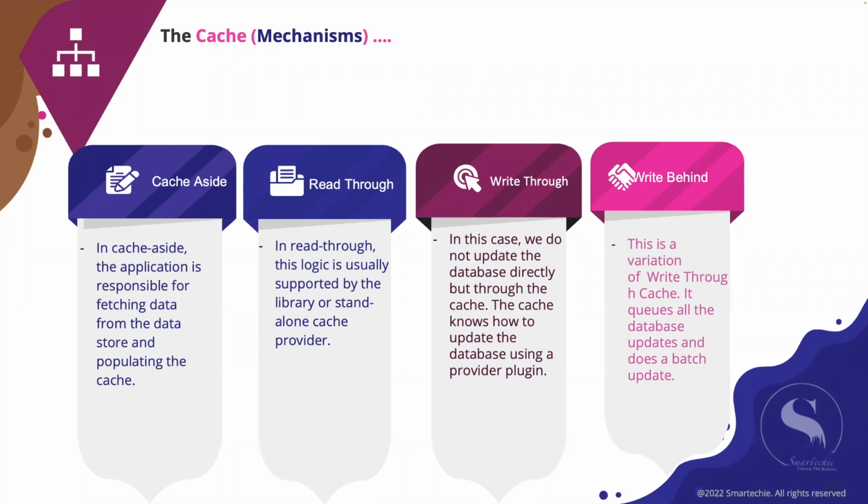But in write behind cache, instead of directly writing to the database, it queues all the database updates, and then it updates the whole batch at once. So that is the difference between write through cache and write behind cache.